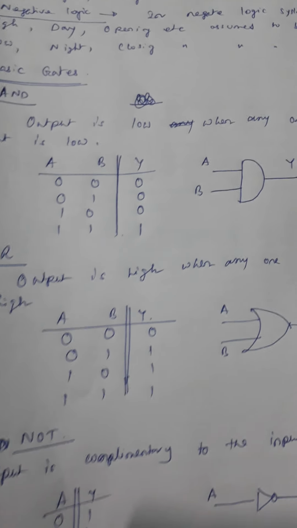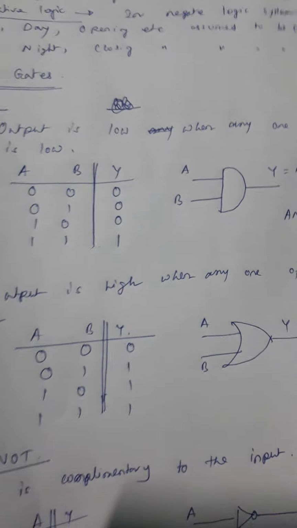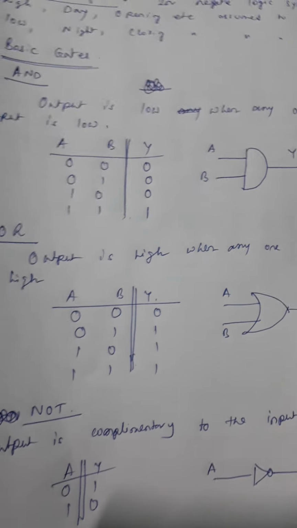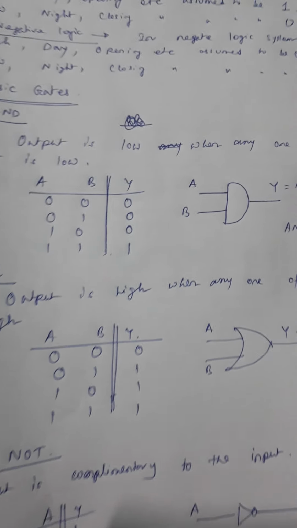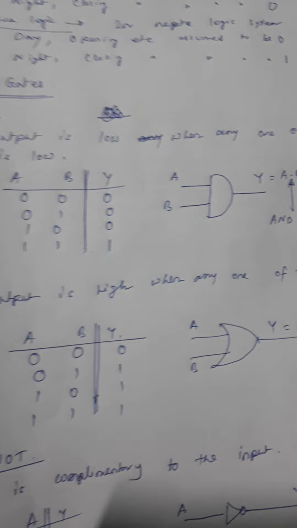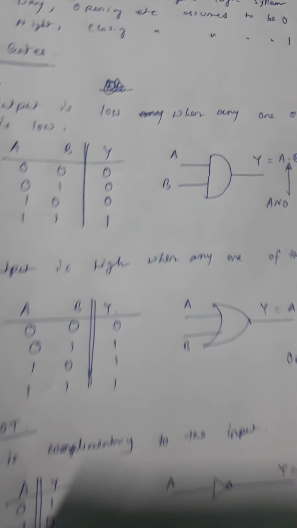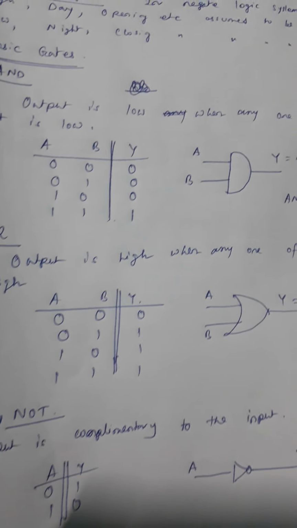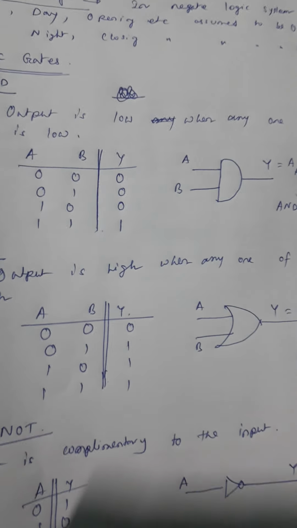That is the AND logic, right? In AND logic, this 0 is decisive. Suppose one AND gate has 10 inputs and one input is 0, then whatever the other inputs may be, the AND gate output will be 0.